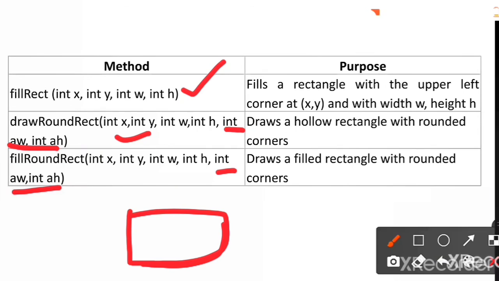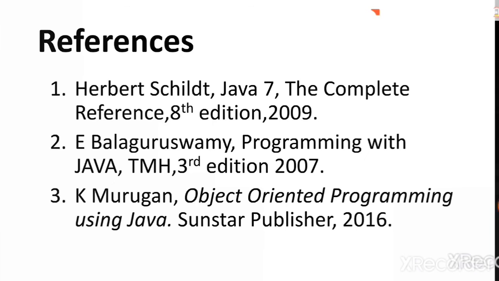If a round rectangle needs to be drawn, this corner has to be rounded off, right? So the width and the height of that corner will be taken as additional parameters by the drawRoundRect and fillRoundRect methods.